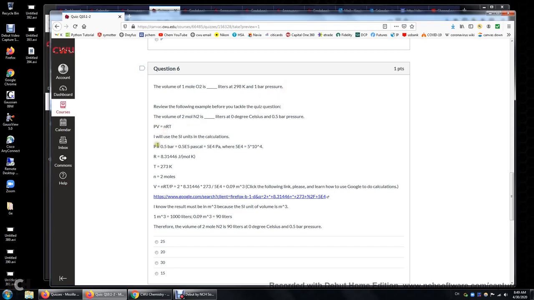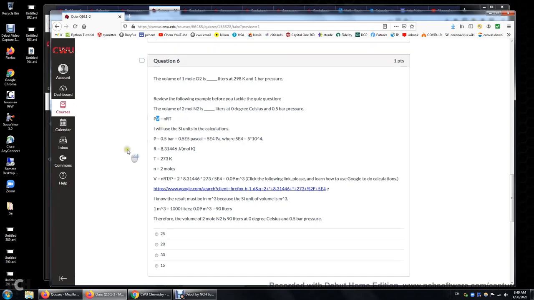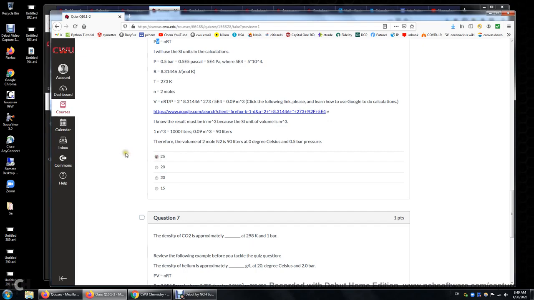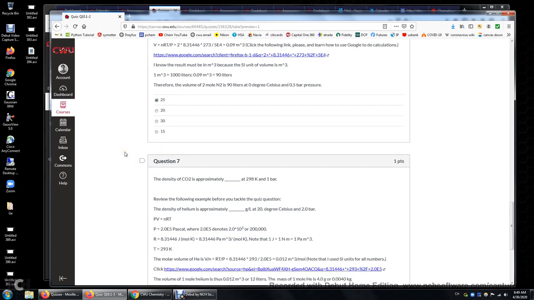Pressure is 10 to the power of 5 pascals, temperature 298 Kelvin, R is 8.31446 joule per mole per Kelvin. And then you get the volume, roughly 0.025 cubic meter. And remember, 1 cubic meter is 1,000 liters. So the answer is 25 liters or 0.025 cubic meter.